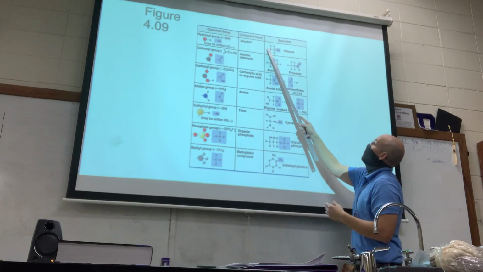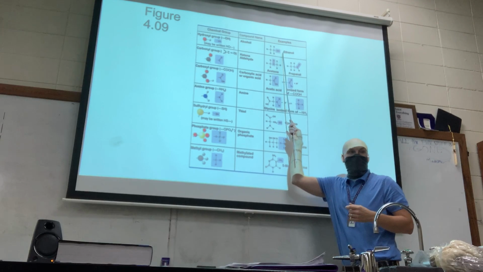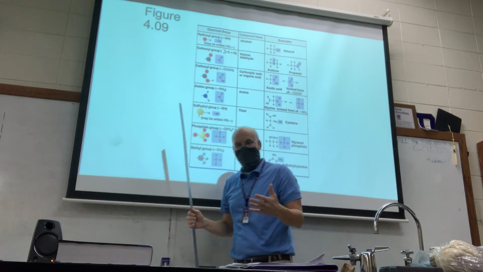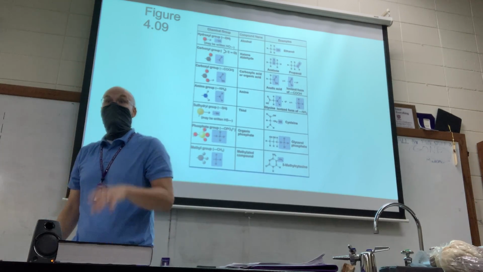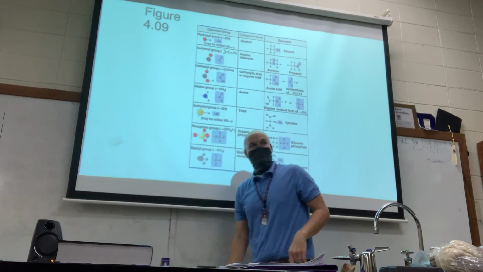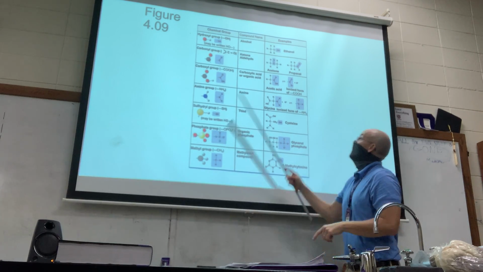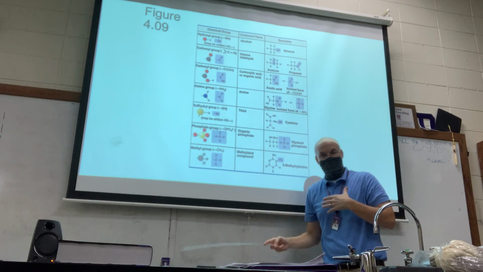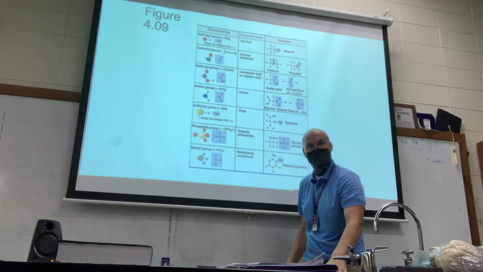Now, you could have 1 carbon here with one of these hydroxyl groups, and instead of ethanol, what would we call that if it was just 1 carbon? Methanol. That's right. Talk about small differences making a difference. Ethanol you can actually consume when you're 21, guys.